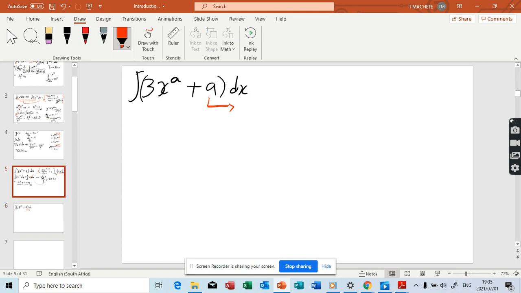Please don't confuse the two. The reason I went back is because I wanted to ask you a question. This is a new question. It has got nothing to do with the previous questions. This a is a constant as well. It's the same as a number, so you can replace a by any number. Do you guys get it? Yes. So a is a constant. Please apply this rule.